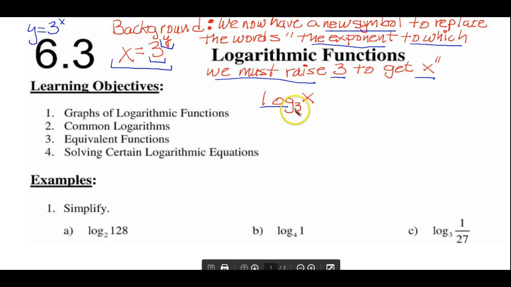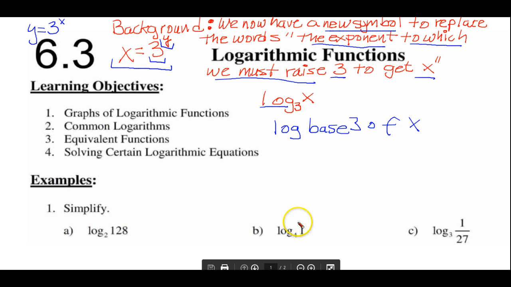So log base 3 of x. So we call that log base 3 of x. So hopefully you're able to take these notes down and see how it ties in to our previous lesson.